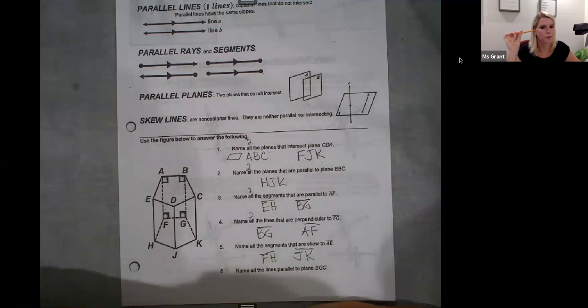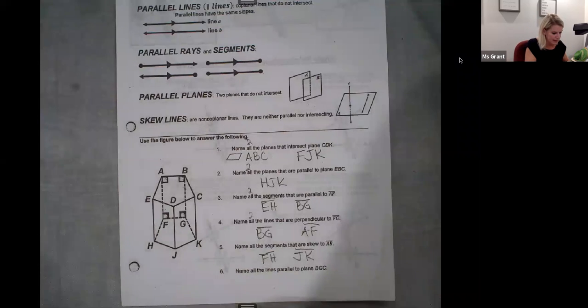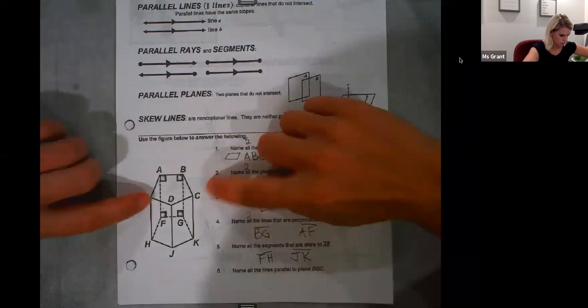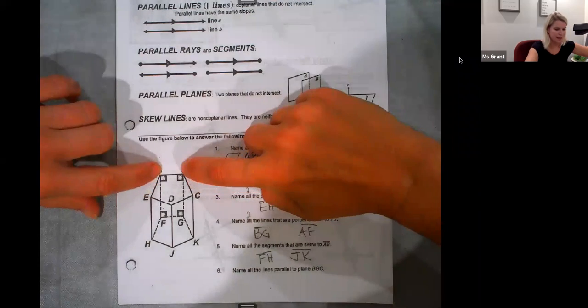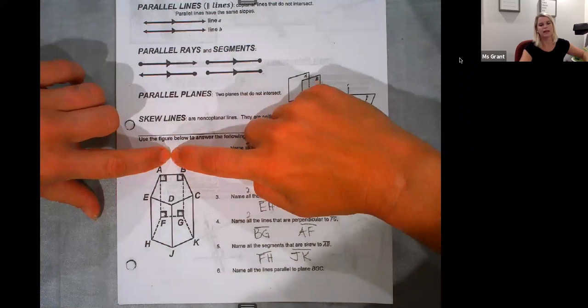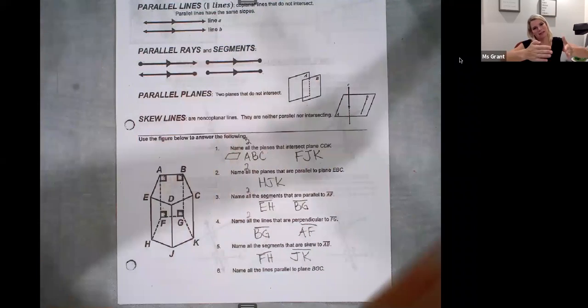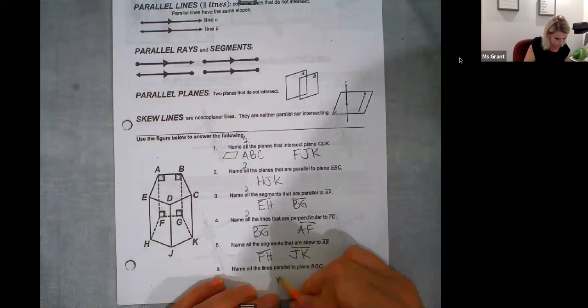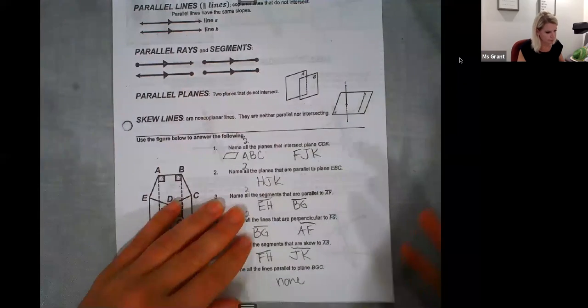Because look at BGC, the side wall, but because of this pentagon, these two lines right here, if they kept going, they would end up hitting because the sides are slanted. So it's not going to ever hit. Okay, none. Okay, turn the page.